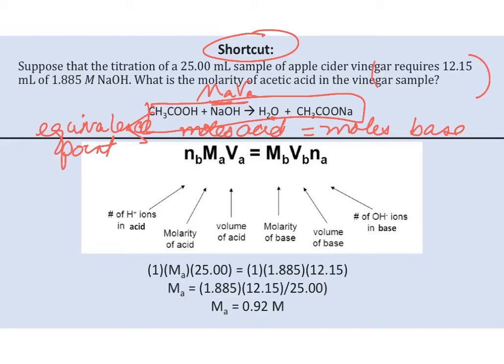So another way of stating moles of acid equals moles of base is molarity times volume of acid equals molarity times volume of base. So here's the magic shortcut equation, again, that can only be used at the equivalence point.